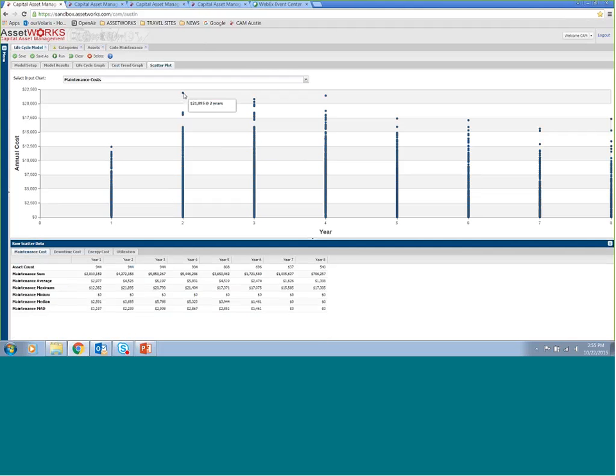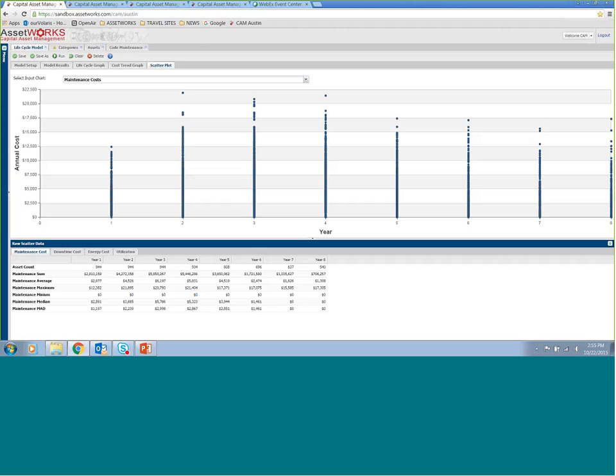I've got a big jump in some assets out here that cost almost $22,000. Now these are $25,000 assets. I'm spending $22,000 in the second year to do some maintenance. On average, I'm spending about $4,500 in that second year.